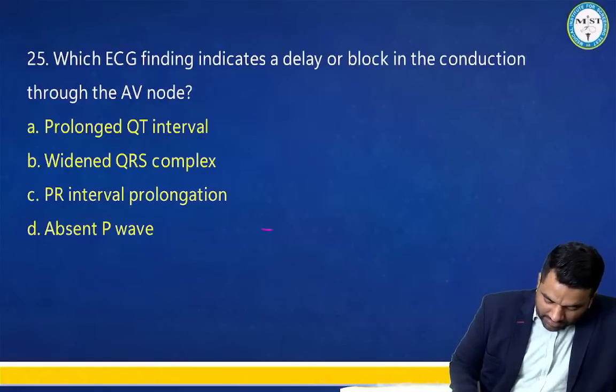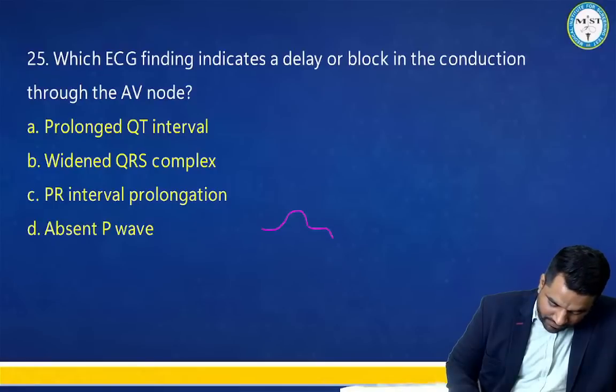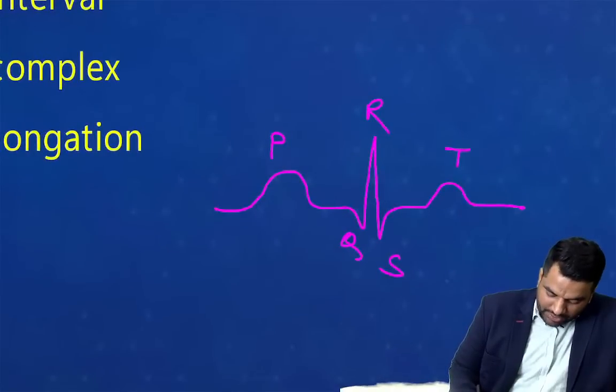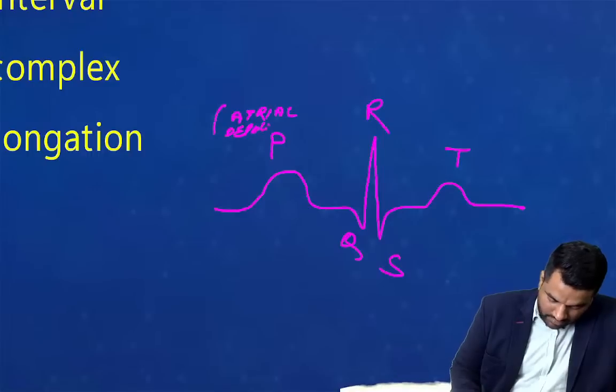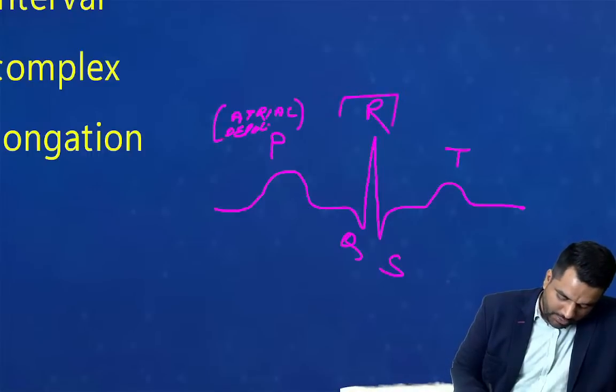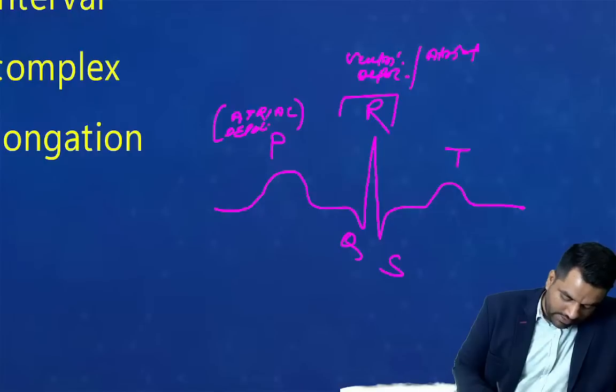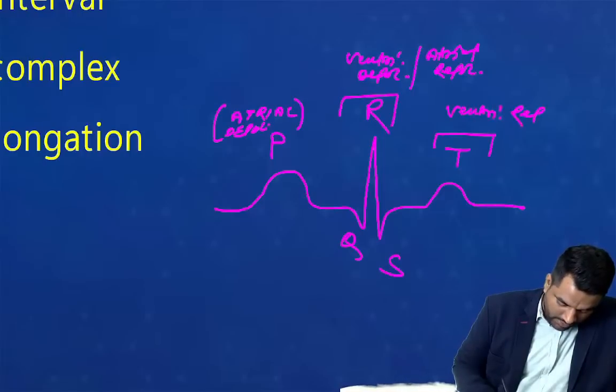This is your ECG, PQRST, and we know the P wave is due to atrial depolarization, QRS is due to ventricular depolarization, and in this atrial repolarization is also mixed, and the T wave is due to ventricular repolarization.